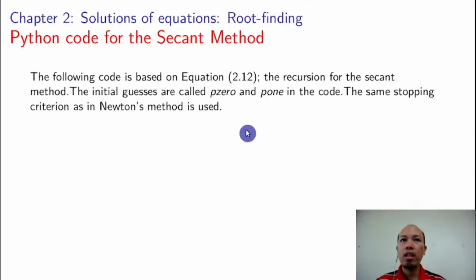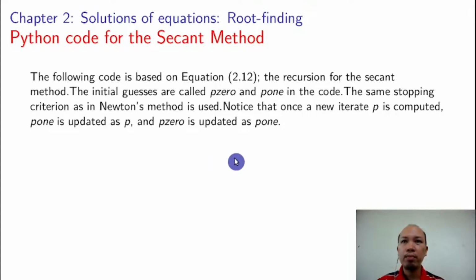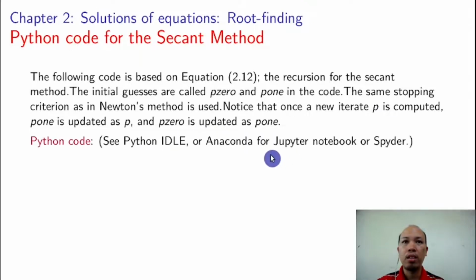And notice that the initial guess is denoted by p sub 0 or p0, and p sub 1 is p1 on the code. And also we put a stopping criterion as in the Newton's method. And notice also that once the new iterate p is computed, p1 is updated as p, and p0 is updated as p1.